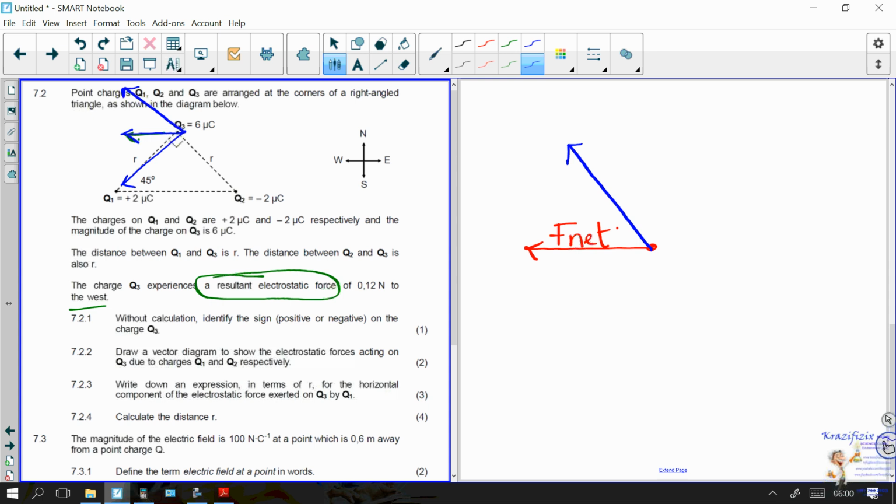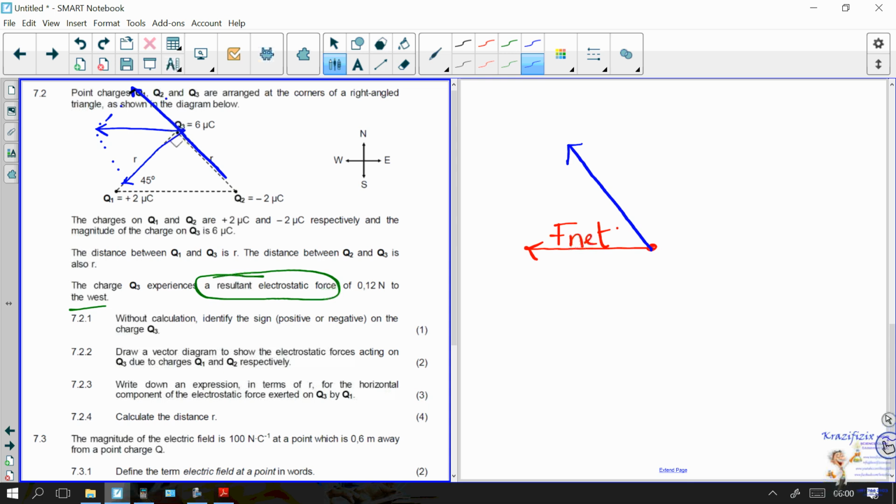Let's try that again. My net force is this way. If I look at this plane, I have a force going that way, tail to tail, and I have a force going this way because it's on a straight line. Therefore my resultant comes that way, because I can now complete this triangle.